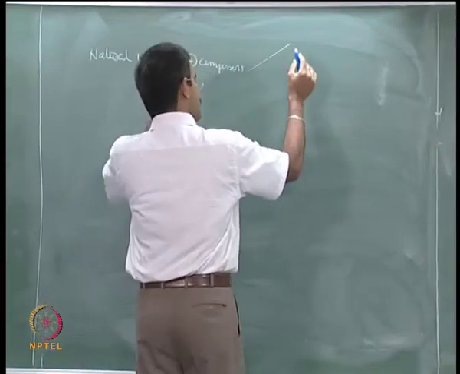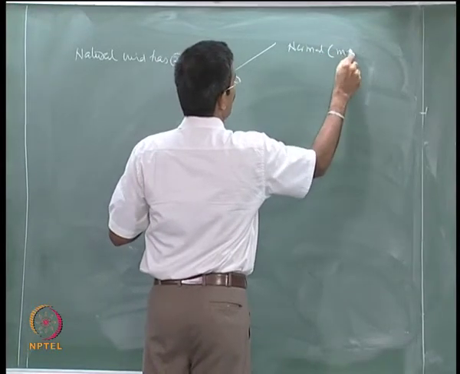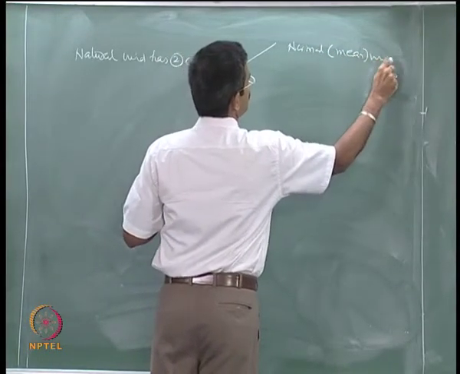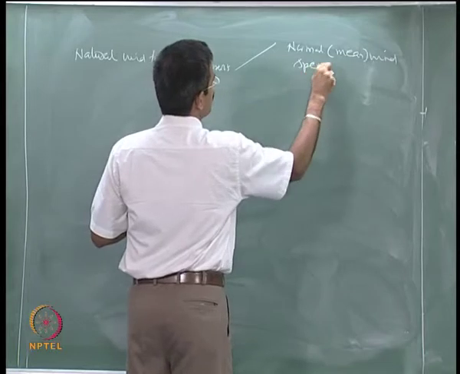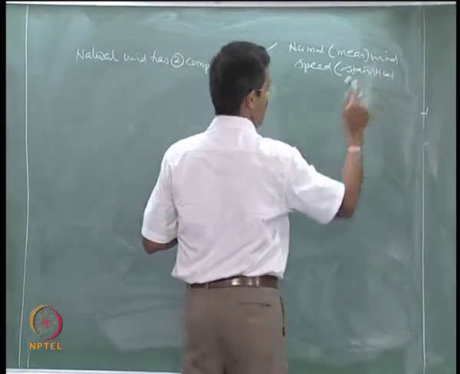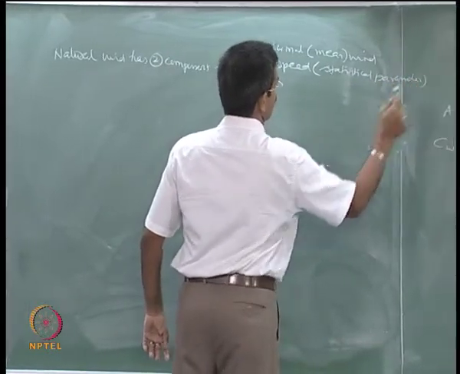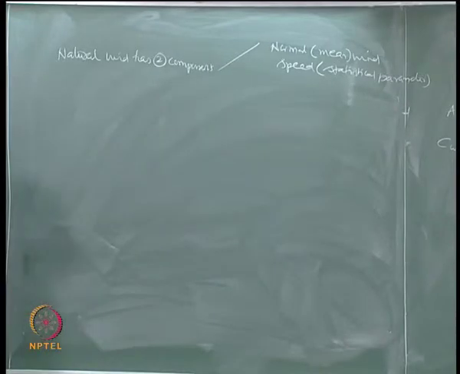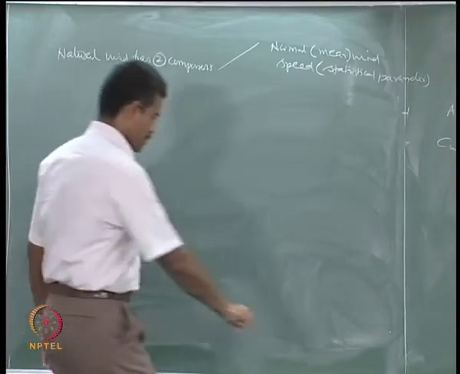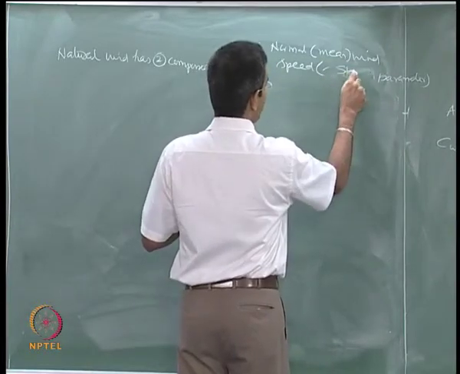One is what we call as the normal or the mean wind speed, which is a static parameter, it is not dynamic.